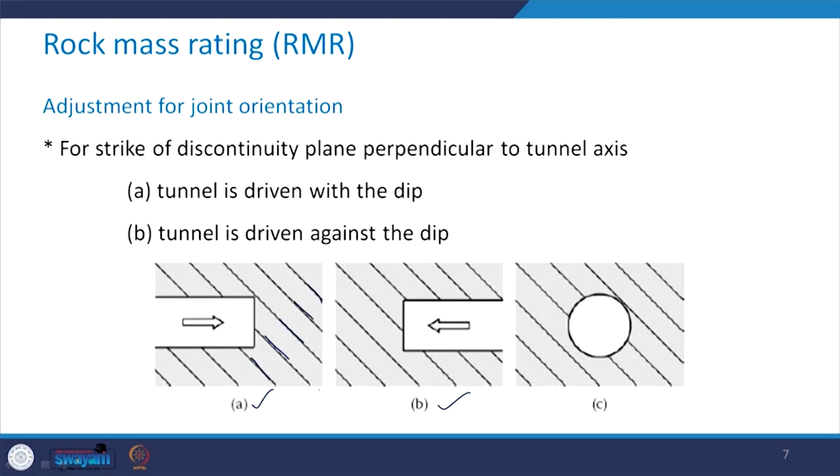These joint sets are dipping in this direction, and the tunnel is also being driven in this direction. So the tunnel is driven with the dip. However, in case B, it is the other way round: the tunnel is driven against the dip. That is, all the joints are dipping in this direction, and the tunnel is being driven in this direction, which is against the dip.